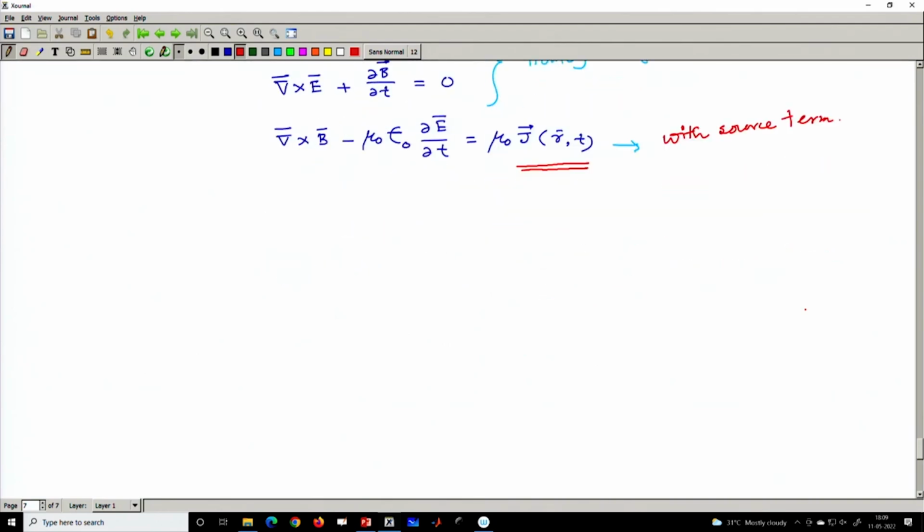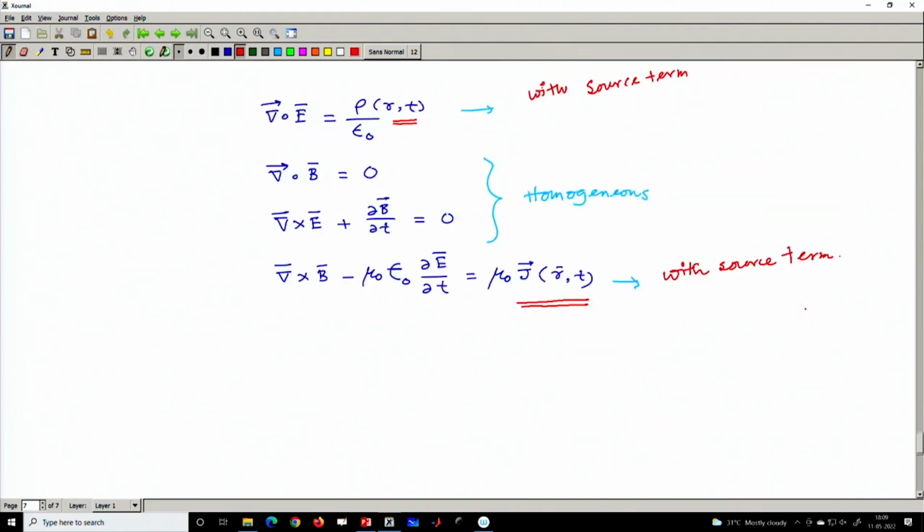Now, let us exhaust the content of the homogeneous equations, because the homogeneous equations are easy to deal with. Let us try to understand what we can get from these two homogeneous equations. We did this treatment earlier, but let us do it once again.